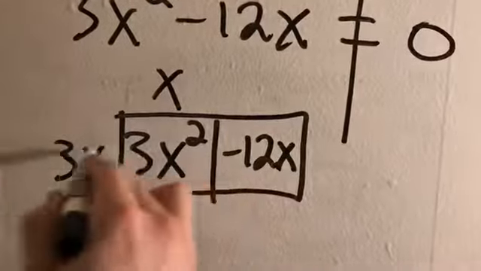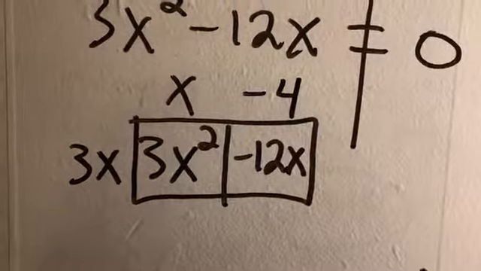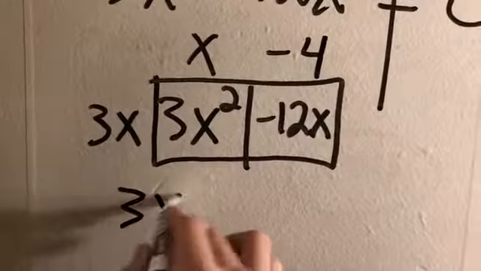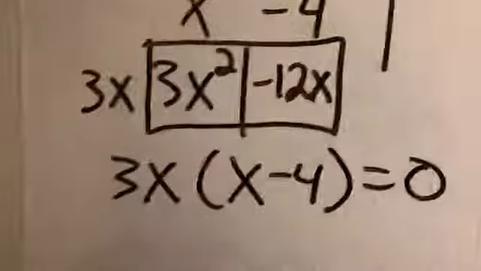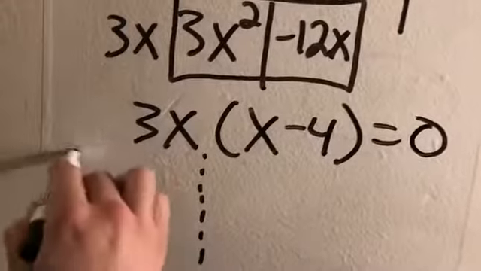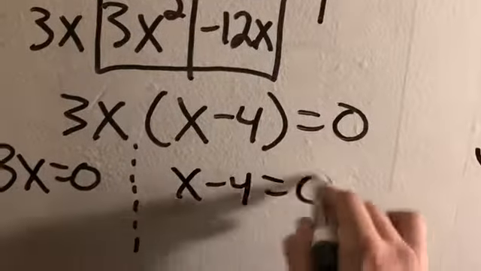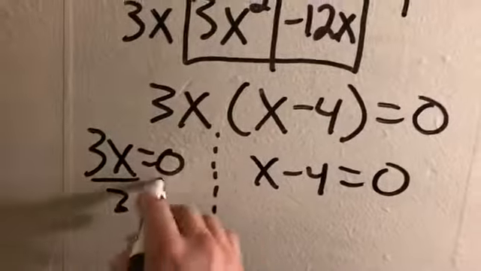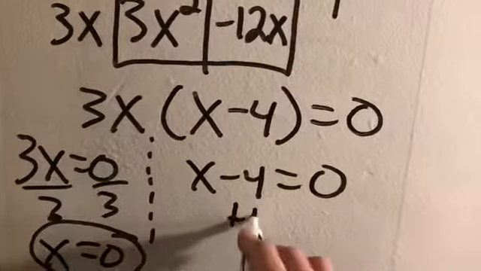So then what times 3x gets us to negative 12x? Just a negative 4. So we see our factors are 3x times x minus 4. And now you're ready to set those equal to 0 and solve. Once again, x equals 0 over here.